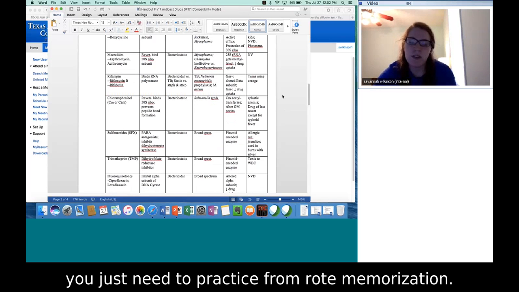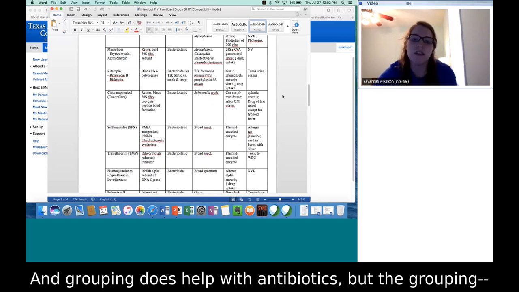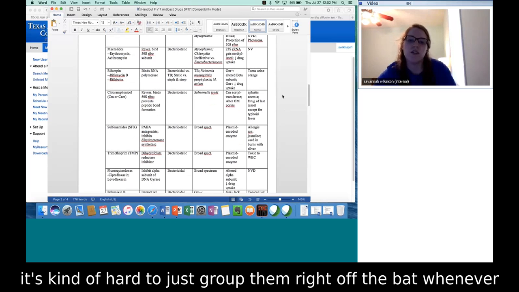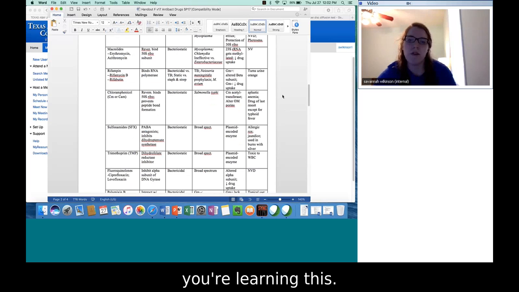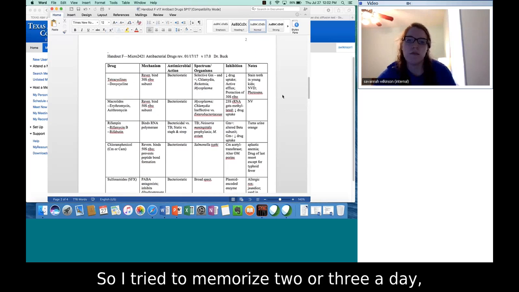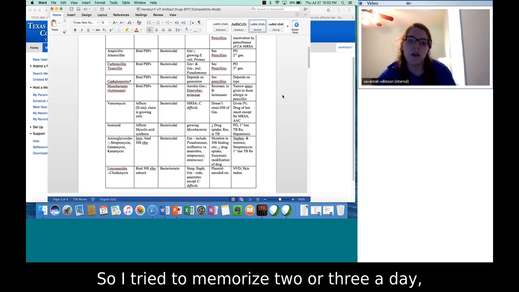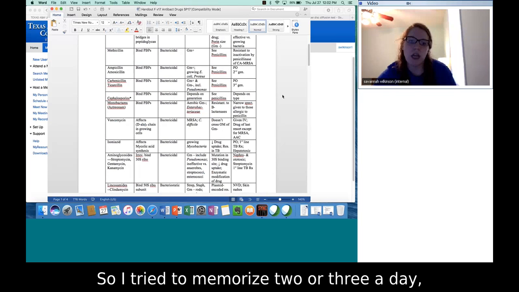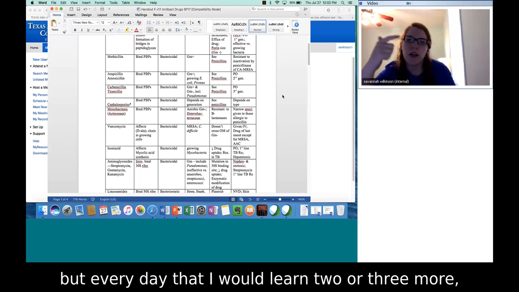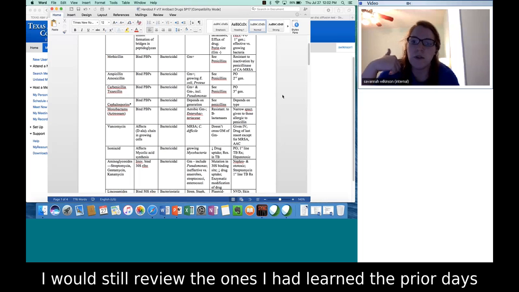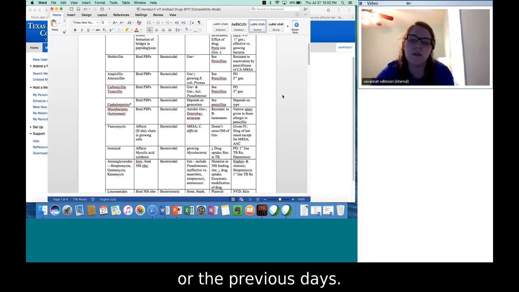This is one of the things you just need to practice from rote memorization. Grouping does help with antibiotics, but it's kind of hard to group them right off the bat whenever you're learning this. So I tried to memorize 2 or 3 a day, but every day that I learned 2 or 3 more, I would still review the ones I had learned on the prior days.